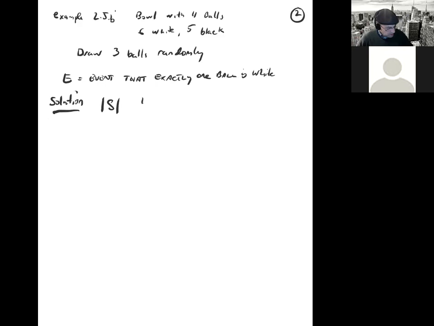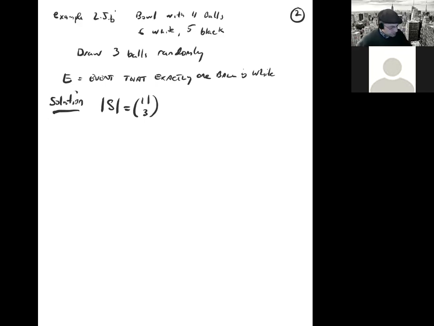So that should be 11 choose 3. So that's simple enough. Now notice any way of drawing 3 balls randomly, if we ignore the colors, is equally likely. So this is an equally likely situation.